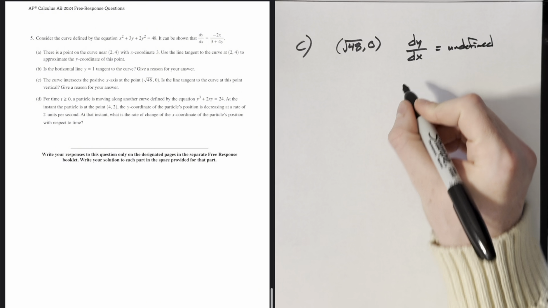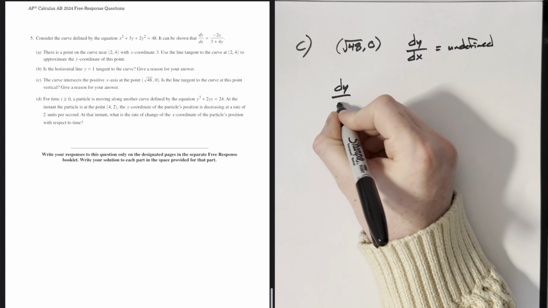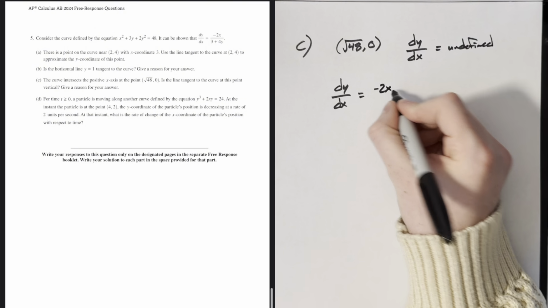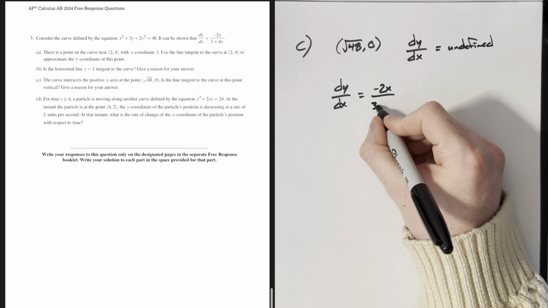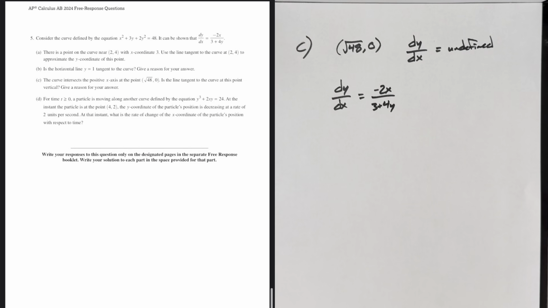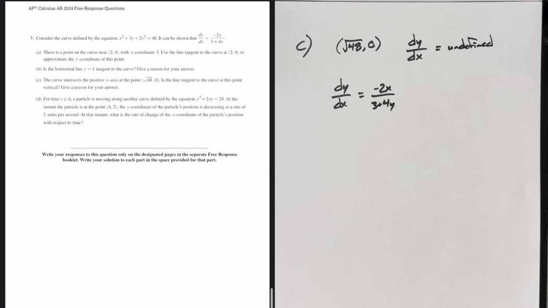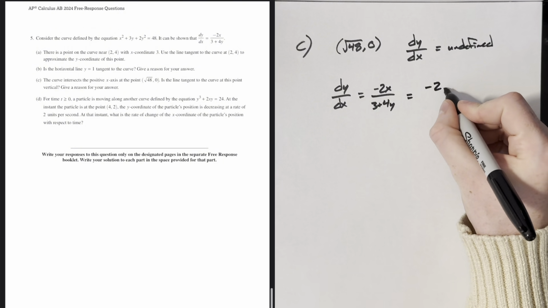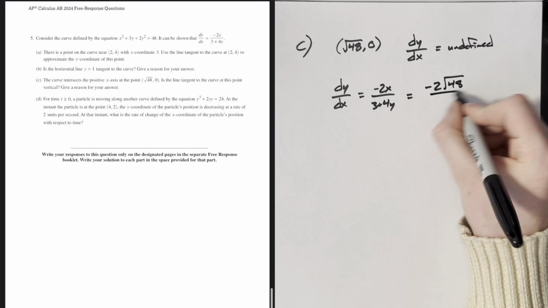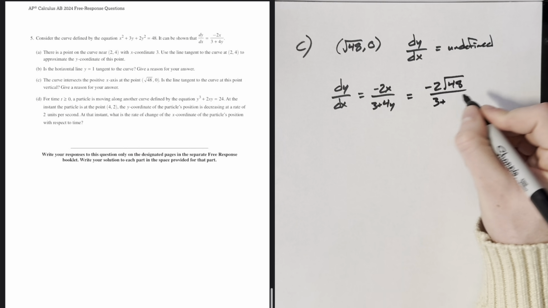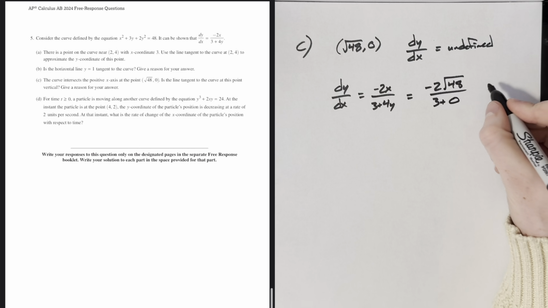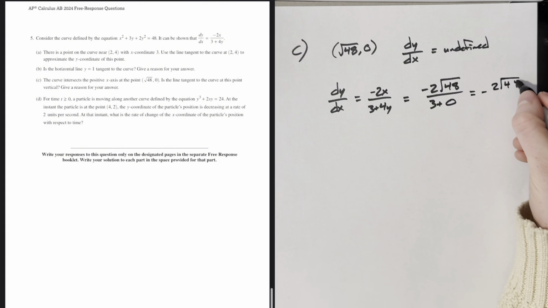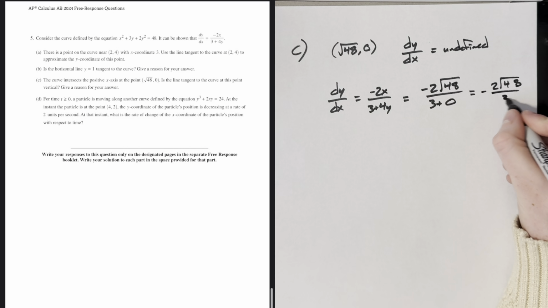Well, the great thing is we have that expression for our derivative, which represents the slope of the tangent line, right? Negative 2x over 3 plus 4y. So when I plug in this point, it needs to be undefined. That would give me negative 2 root 48 divided by 3 plus 4 times 0, which is just 0. So I get negative 2 root 48 over 3.